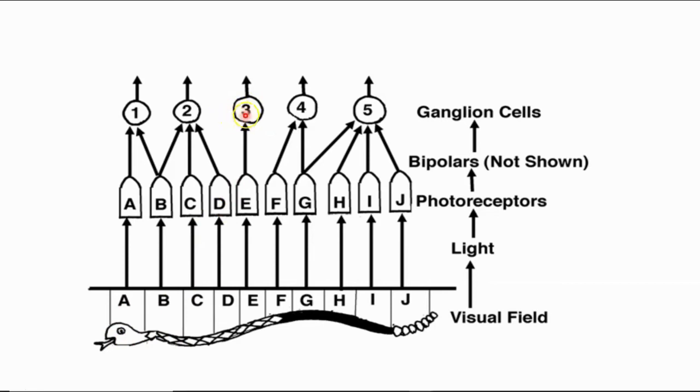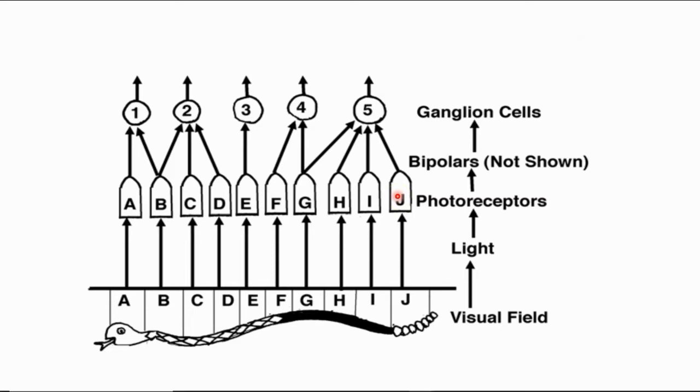Ganglion cell 3 only gets input from photoreceptor E, so its receptive field is E. While ganglion cell 5 will get input from G, H, I, and J of the photoreceptors.